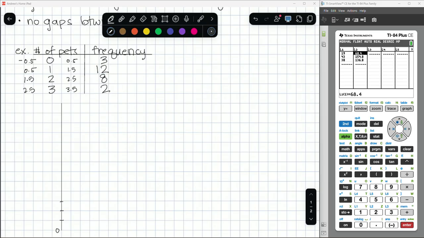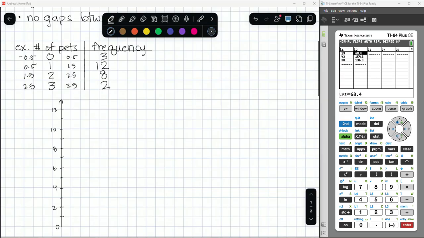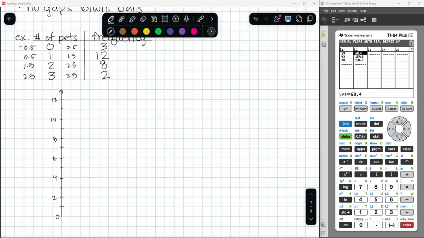2, 3, 4, 5, 6, 7, 8, 9, 10, 11, 12, perfect. I'm going to label it every other because I'm tired of writing. And I'm going to label that frequency.